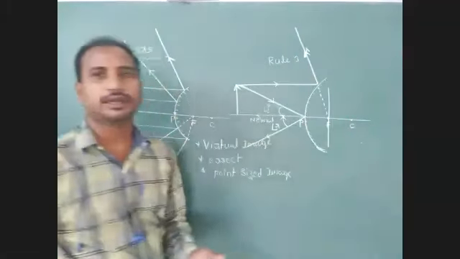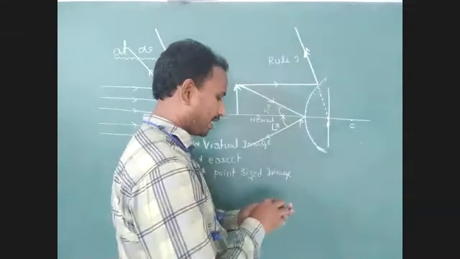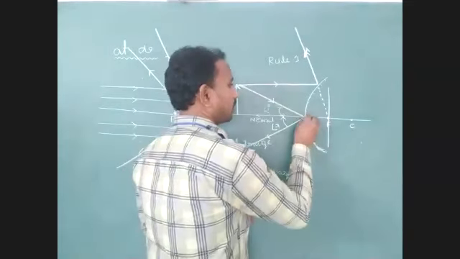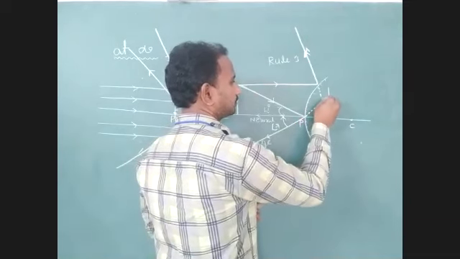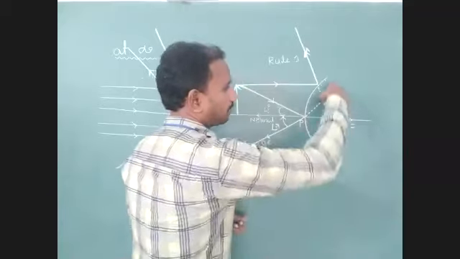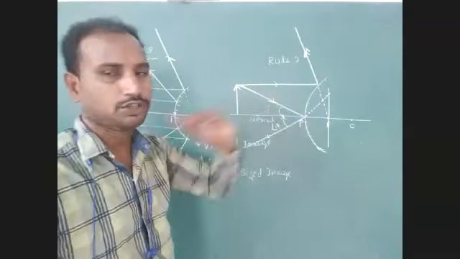This perpendicular line is passing through the principal focus. Now we have to extend this reflected ray in the backward direction. So now this reflected ray appears from this perpendicular line, which is passing through the principal focus.